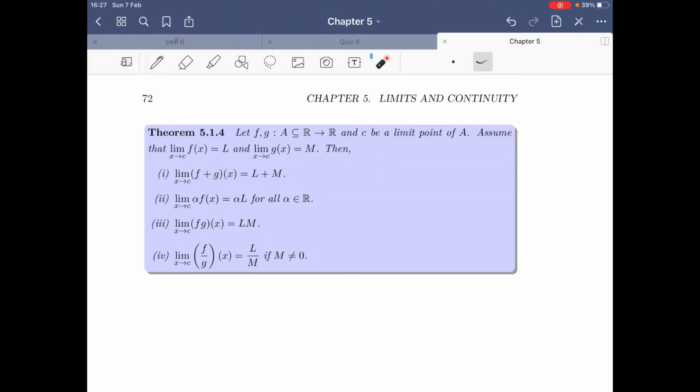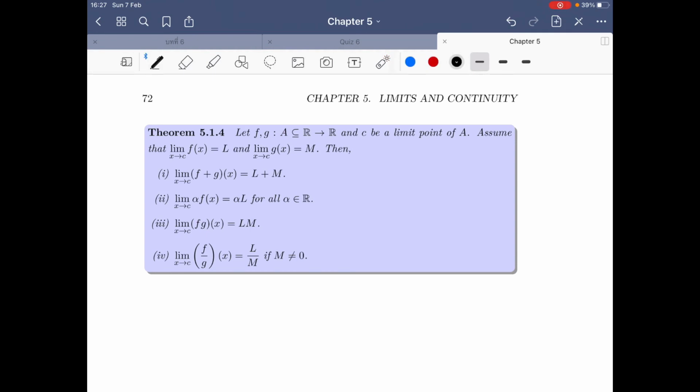The limit of alpha f is simply alpha L, the limit of f times g is simply L times m, and the limit of f over g is simply L over m, provided that m is not 0, of course.